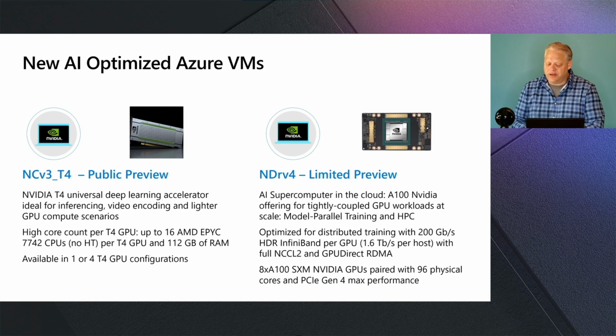For deep learning, we are now in a limited preview of our A100 NVIDIA offering. You can request access to this machine, and these will be rolling out as we go wider. This will offer effectively an AI supercomputer in the cloud, giving you up to 1.6 terabytes per second of memory bandwidth per host.